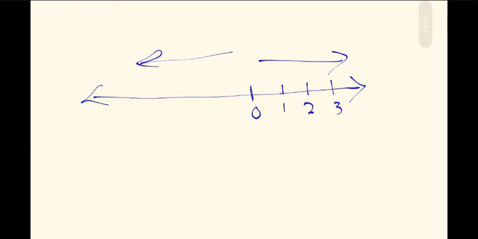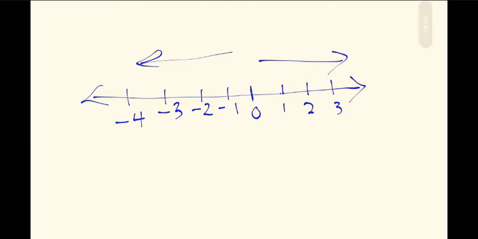We direct the negative numbers to the left. We label them -1, -2, -3. We can add a -4. Yes, so if we call them directed numbers, it makes sense.